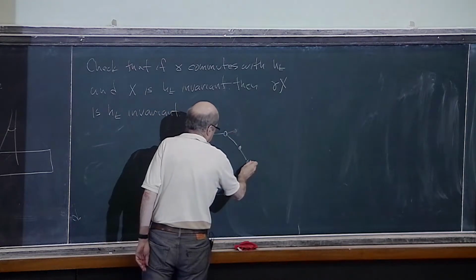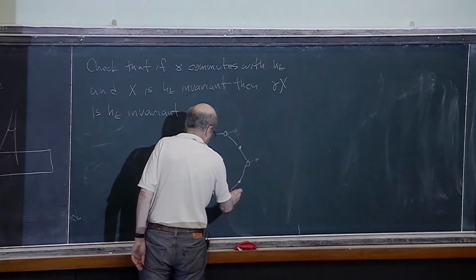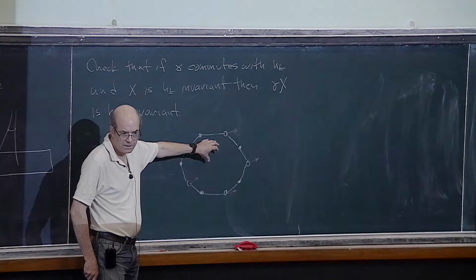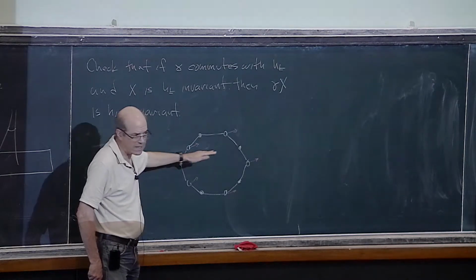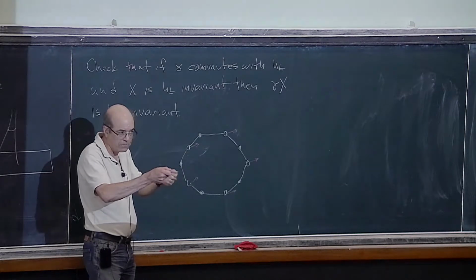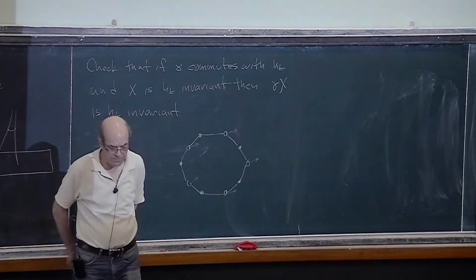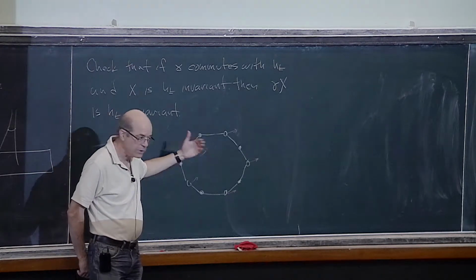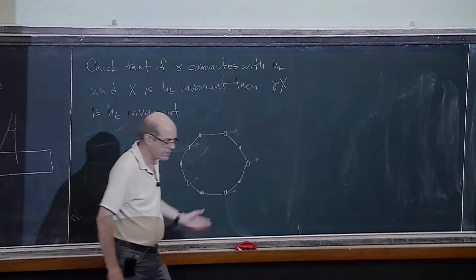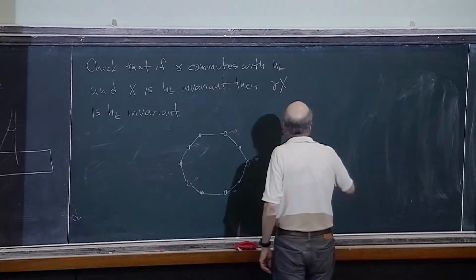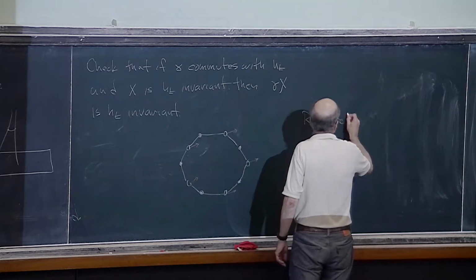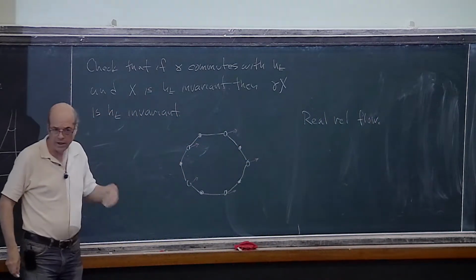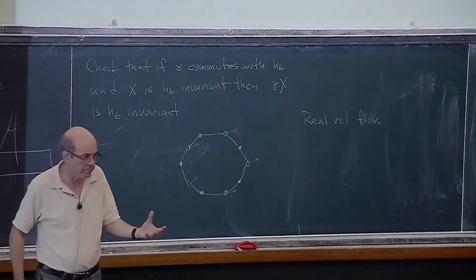We can deform it by moving all the white vertices in a particular direction, and we get now an irregular decagon. If we do this deformation in the horizontal direction, we get a flow on the space of translation surfaces that commutes with the Horocycle flow. This is called the real-rel flow. So this gives us a way of taking invariant measures and creating new invariant measures.